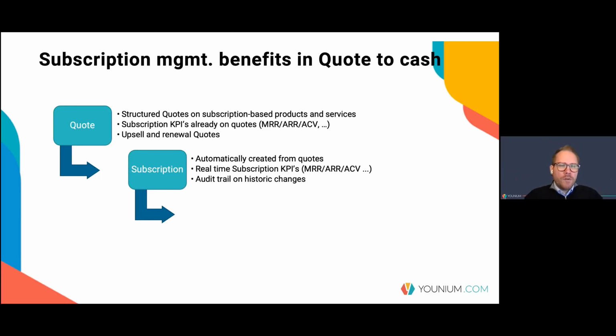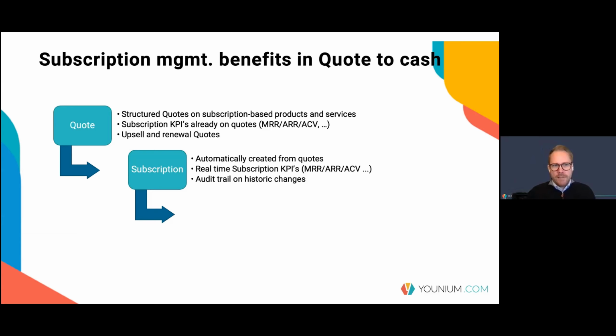And of course, as I just said, subscriptions are usually dynamic and a bit of a moving target. So really having that proper tracking of all the changes, what has happened up until now, not only the current state, when was the renewal, when was the upsell, how much was the downsell, etc.